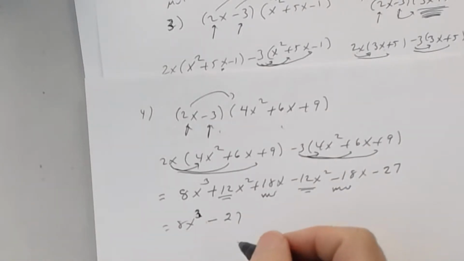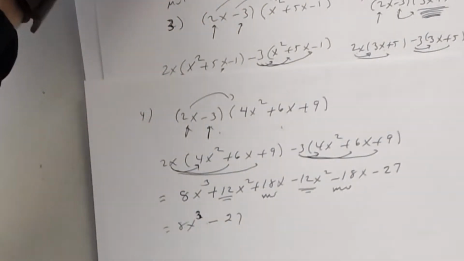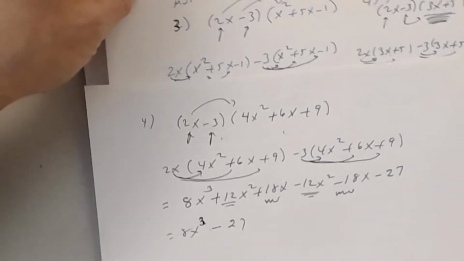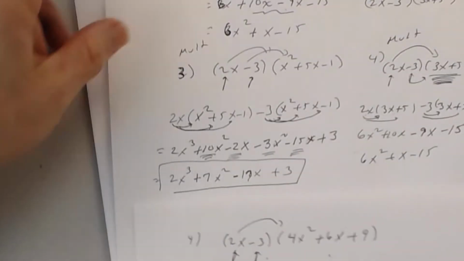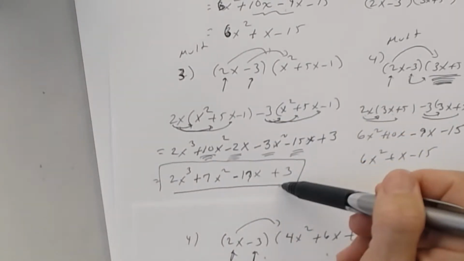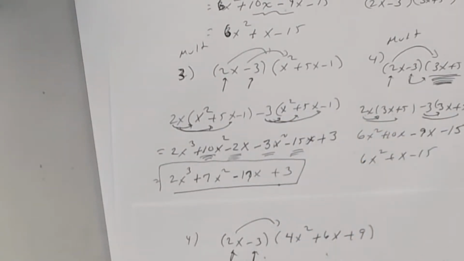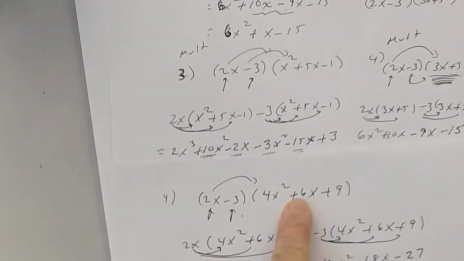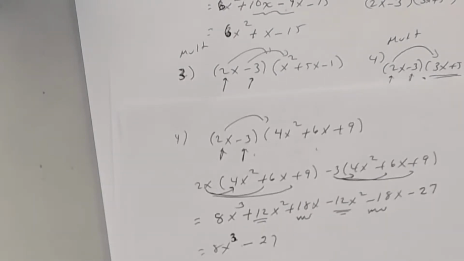Okay? Now notice in number 3, when I multiplied this binomial times this trinomial, I ended up with 4 terms, a polynomial with 4 terms. In number 4, when I multiplied this binomial times this trinomial, I ended up with a polynomial with 2 terms. Now there's a reason why here you have 2 terms.